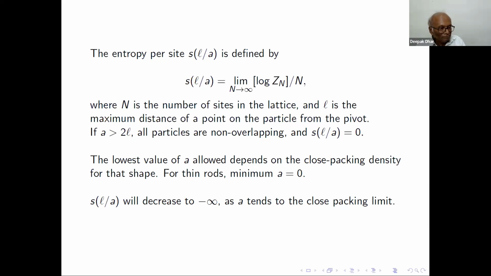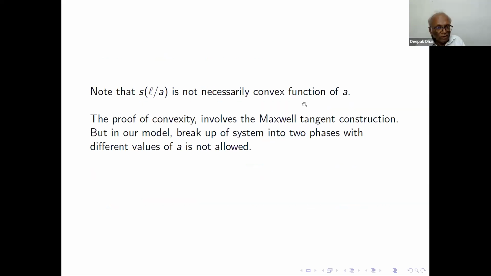I see. So I think your intuition is correct, and it's just fixing up the notation. Okay. So it's just important to realize that for this entropy as a function of A, we will hold L fixed and vary A. So the molecules are of fixed shape.